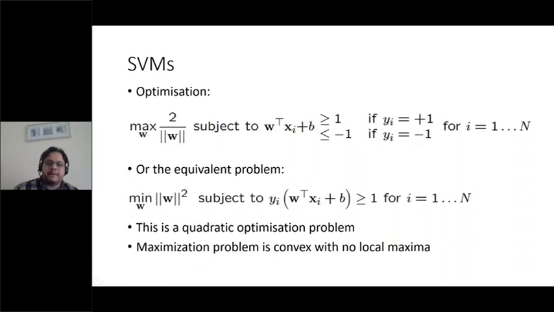And this is what the max of 2 over the norm of w becomes, a min of. Yeah, because I just inverted it. Maximizing this is equivalent to minimizing this because this one is inverted. But why the square? Why do we put the square in there? The square, yeah, we wanted it to become a convex problem with one minimum, like that.